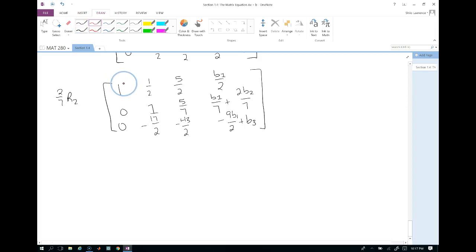So now we've got our first pivot position and zeros underneath, so that one's done. I've created my second pivot position, so I'm going to get zeros underneath. So we're going to have to multiply row 2 by 17 halves and add it to row 3 in order to make a 0 there in that third row.